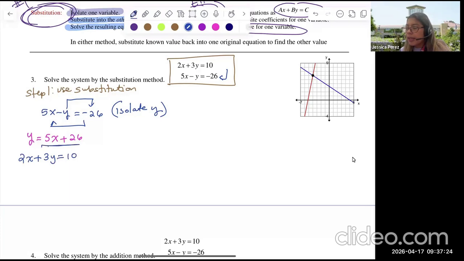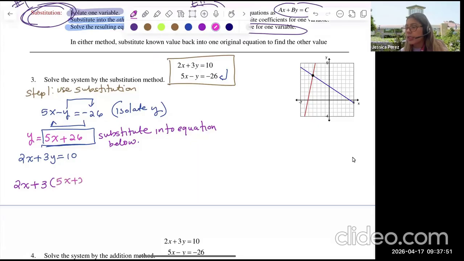But I already have an equation that's solved for y, so I'm going to substitute, that's the substitution method, into the other equation below. So now it's going to have 2x plus 3 times y, but y is in terms of x, 5x plus 26. See how I'm using different colors? I'm inserting it into the y of the other equation, equal to 10.